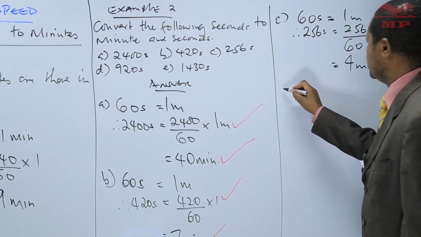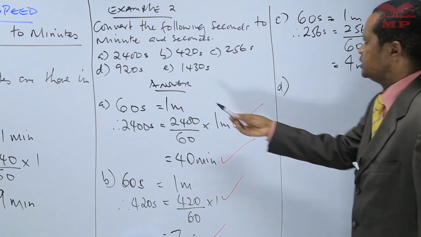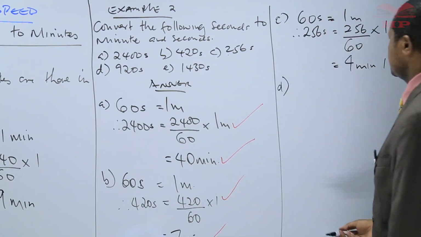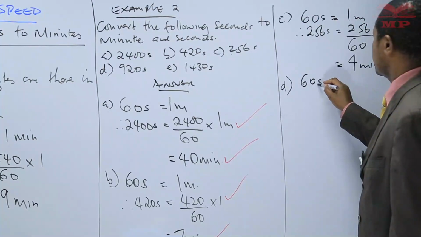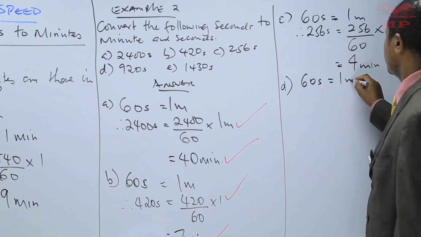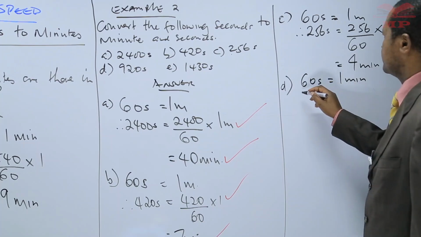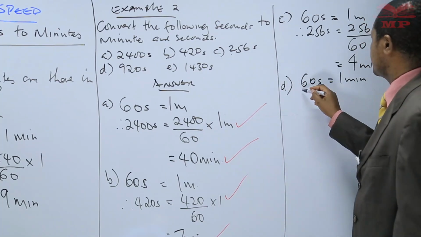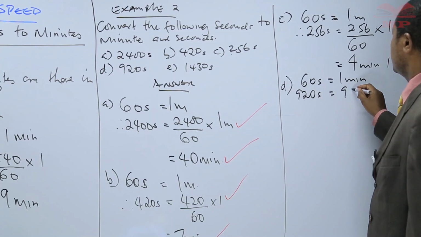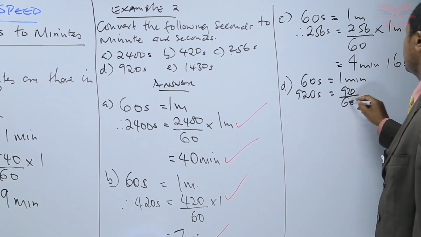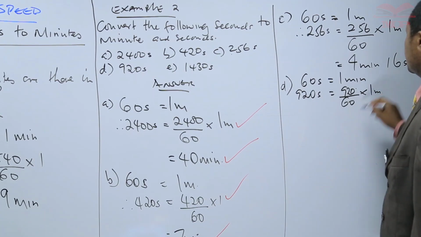Then let's work out D, 920 seconds. 60 seconds is equivalent to 1 minute. Therefore 920 seconds will be equal to 920 divided by 60 times 1 minute.